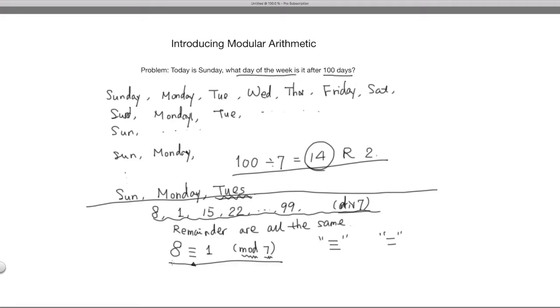So this whole thing, 8 is congruent to 1 modular 7, means exactly the same as 8 divided by 7 remainder is the same as 1 divided by 7 remainder. I'm using a very rough way of writing it.